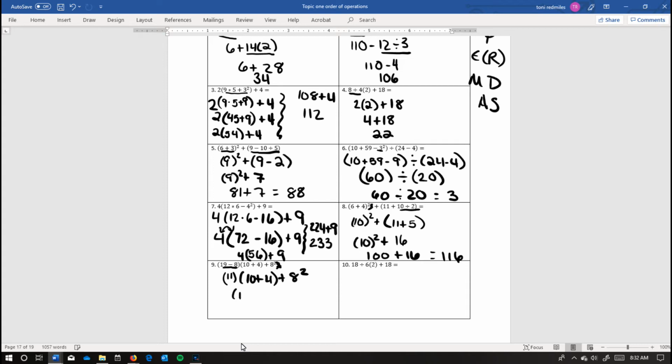All right, next thing I want to do is my second parentheses, 10 plus 4, which is 14, and it is multiplication, so I'm going to keep my parentheses. Next thing on my list is exponents, so I do 8 to the second power, which is 64. All right, now I got to do that multiplication, which is 140 plus 14, 154.